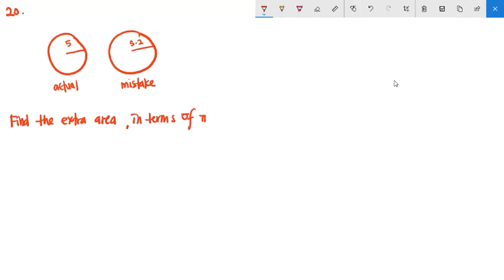Okay, find the extra area in terms of pi that has been cut out of the card. Okay. So ini dia tak ada mention rate, so of course dia bukan rate of change. It's small change, approximate. Okay.